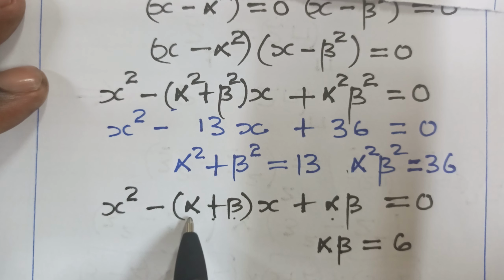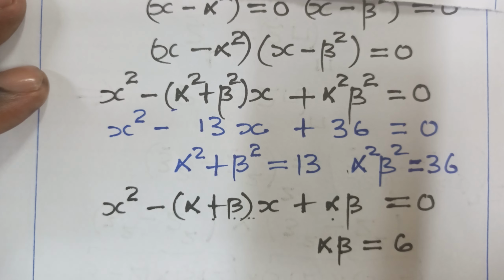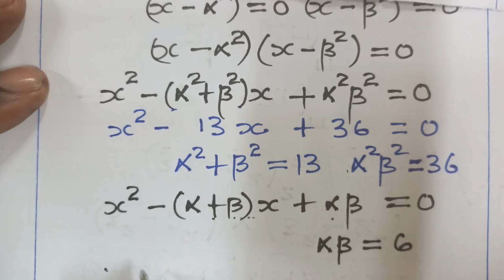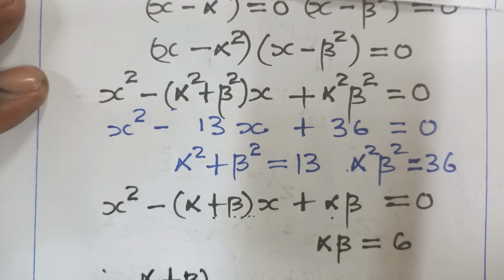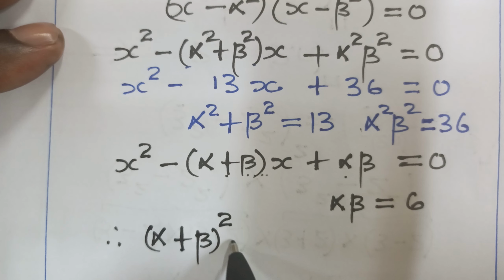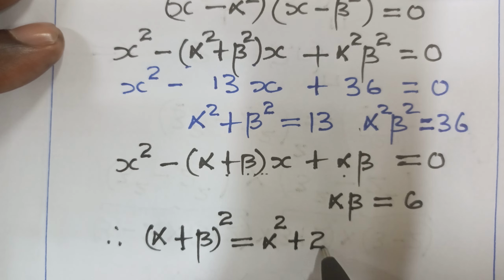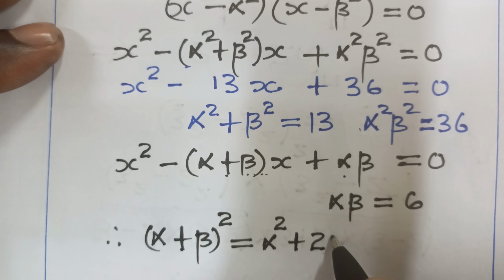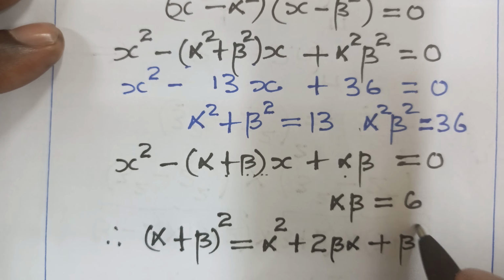And now guys, we come to this term. For that term, this can come in this way. We shall have alpha plus beta squared. This comes to alpha squared plus 2 beta alpha plus beta squared.